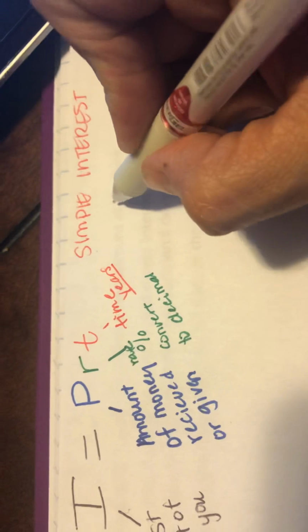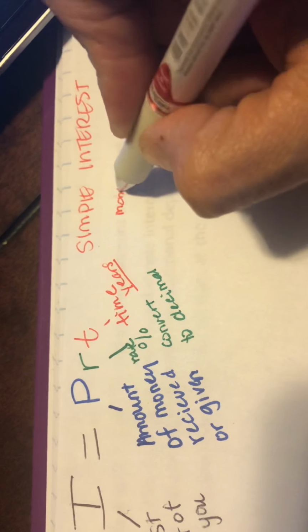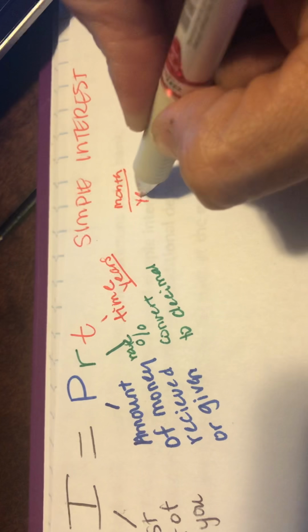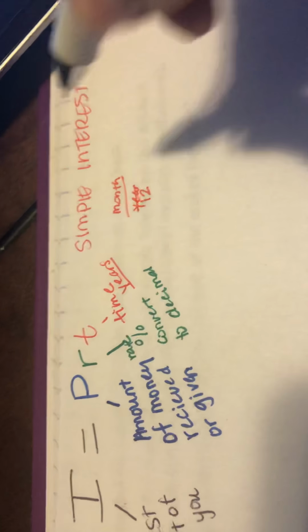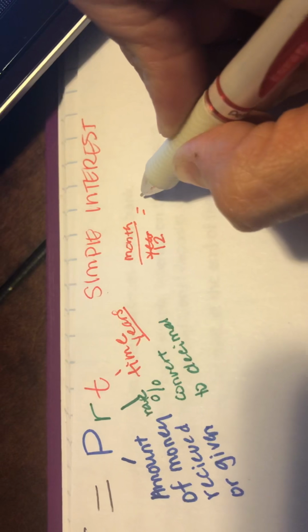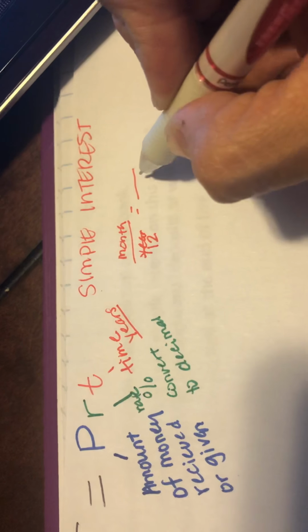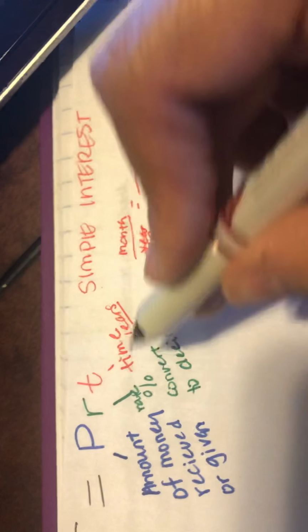So if they give you 6 months, it's the months divided by 12. Months divided by 12 will give you a decimal, and this answer is what you're going to use in place of T.